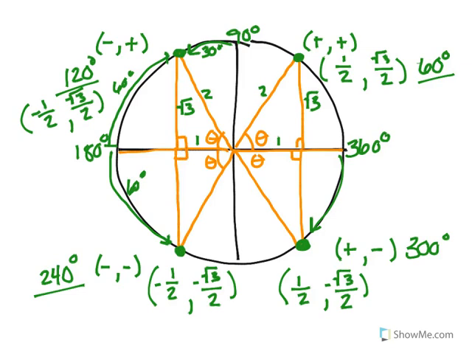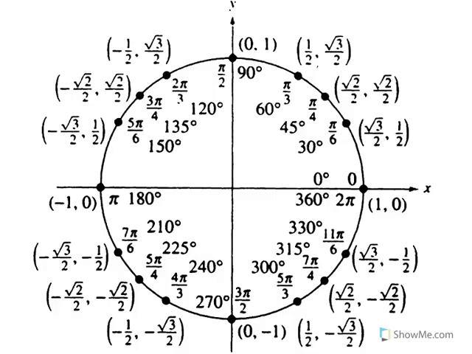So once you have all of this on a unit circle, it will look something like this. And it's pretty cool. So here's all the coordinates that we got from those special right triangles.